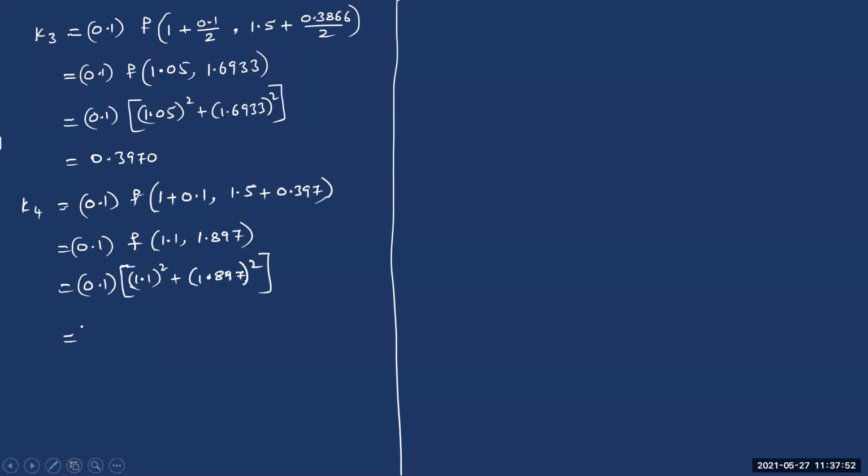Let's substitute everything into this. 0.1 into 1.1 whole square plus 1.897 square. Yeah, I'm getting this as 0.4808. In fact, 48086 is there, so I'm taking it as 4809. Right, so this is K4.